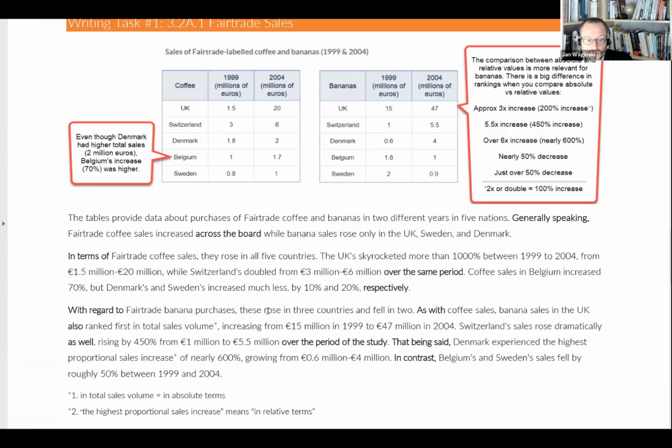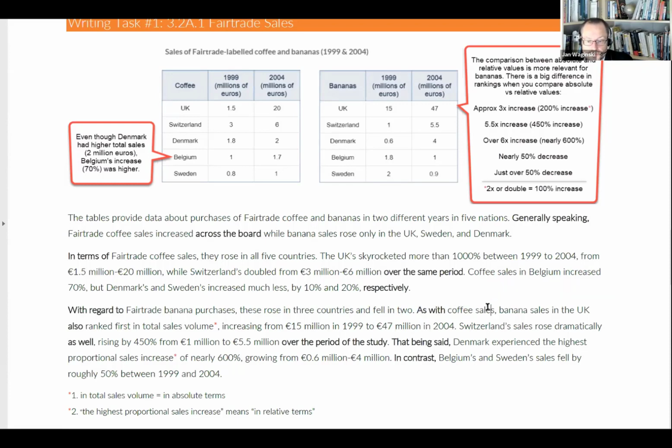With regard to Fairtrade banana purchases, these rose in 3 countries and fell in 2. Notice again, it starts with a very general topic sentence, and this topic sentence makes it very easy for the reader to follow. We know exactly what's coming in the rest of the body paragraph.